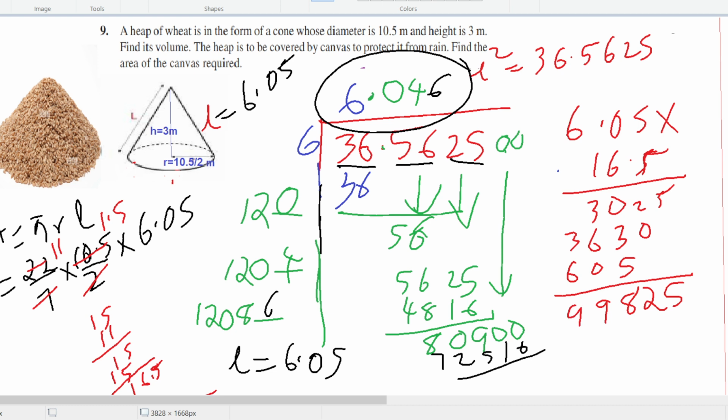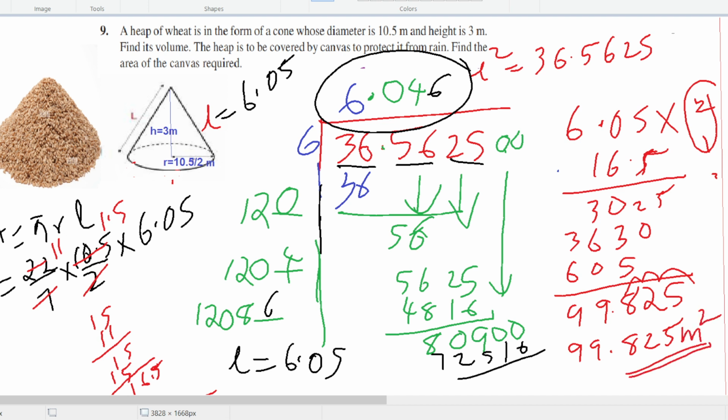Now we have to put the decimal point here. After the decimal point 2 digits, here after the decimal point 1 digit. So total 3 digits. So 1, 2, 3 times we have to jump. So the answer is 99.825, and this is in meter, right? So the area will be meter square.